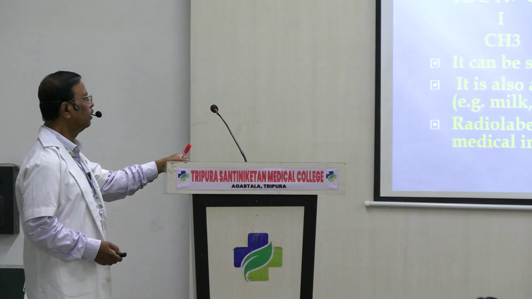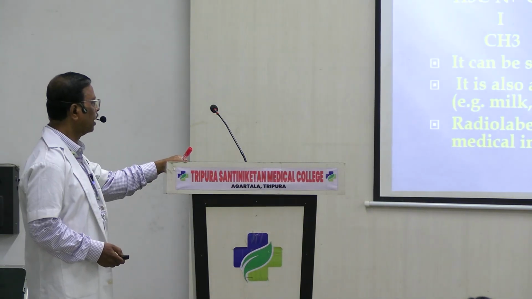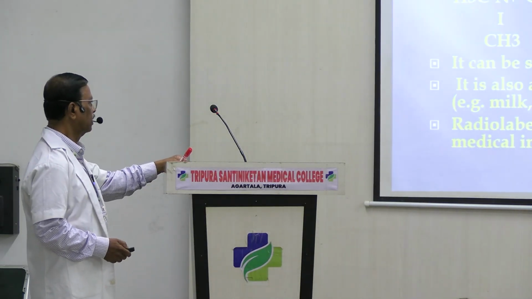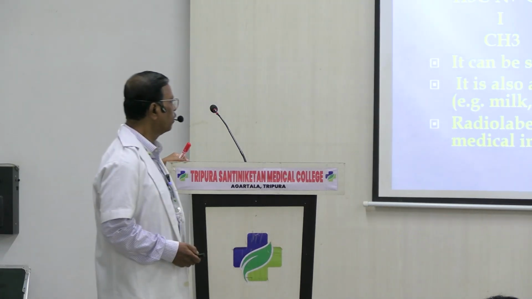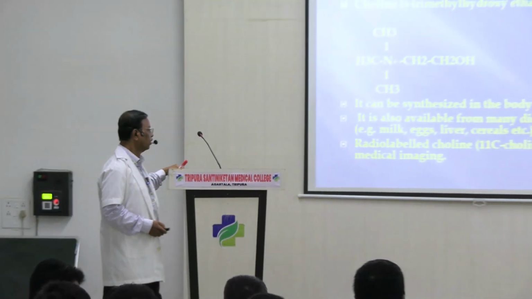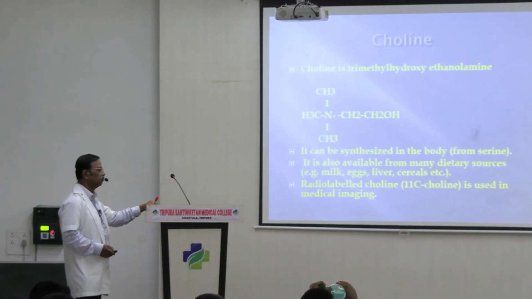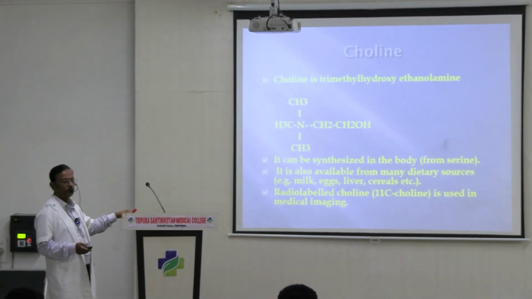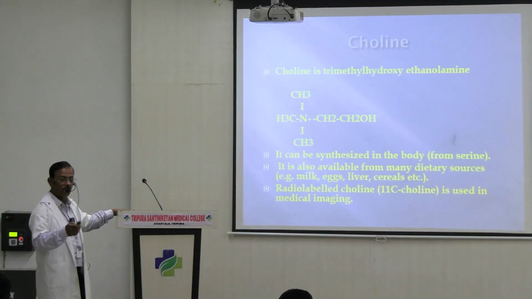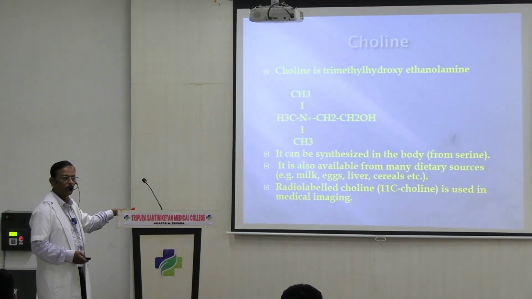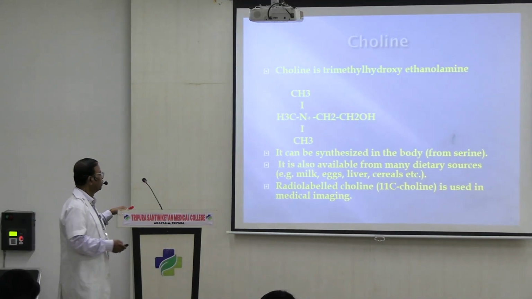It is also available from many dietary sources like milk, egg, liver, cereals. Previously, radiolabeled choline was used in medical imaging. Imaging means during, say, special types of X-ray, CT scan, those things.